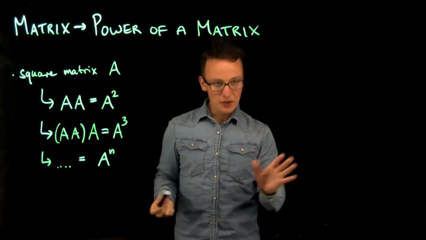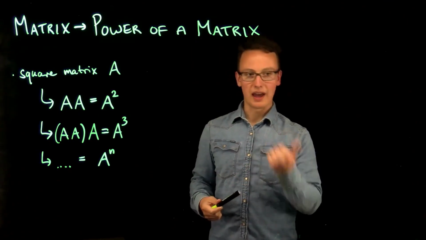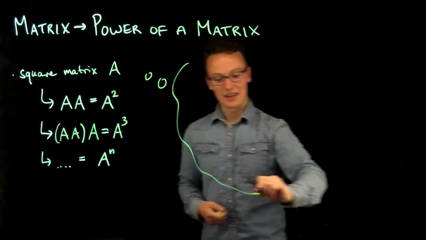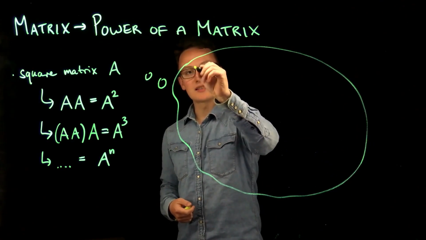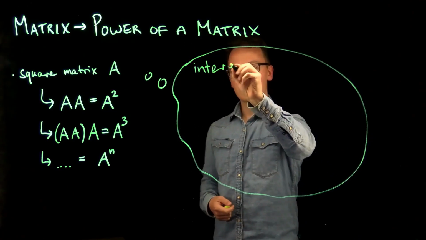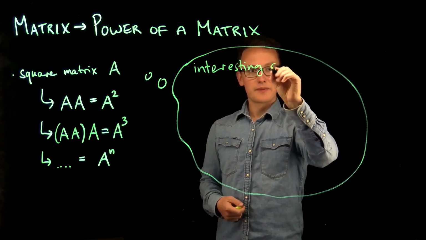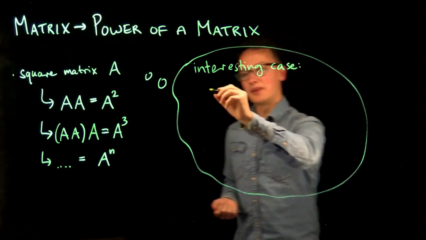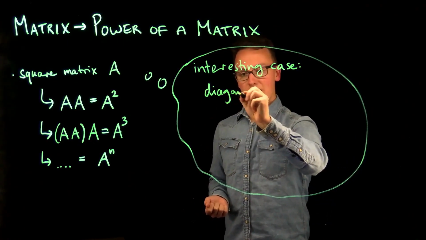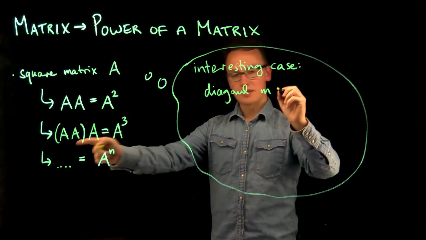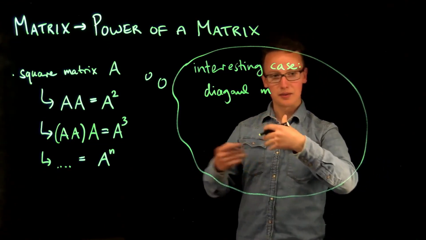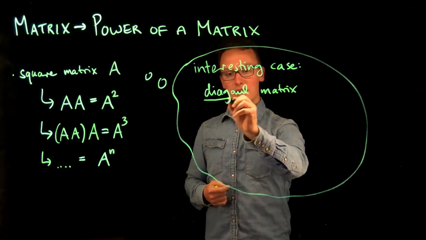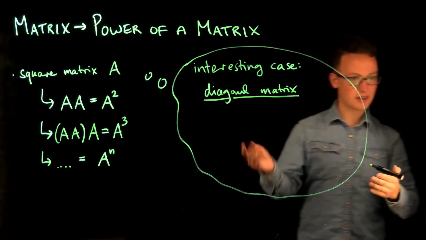And recall that some interesting square matrices that we saw were the diagonal matrices. So there's this interesting case, maybe I'll write it in this bubble here. So an interesting case and easy for computation is the diagonal matrix, and by extension obviously also the identity matrix, where it's really trivial. Because for a diagonal matrix, repeatedly applying this multiplication amounts to just taking the power of the numbers that are in the diagonal.